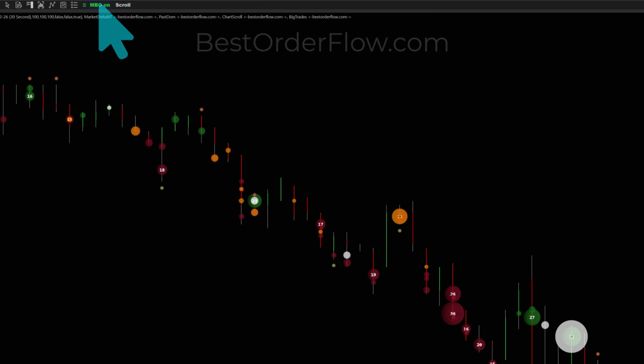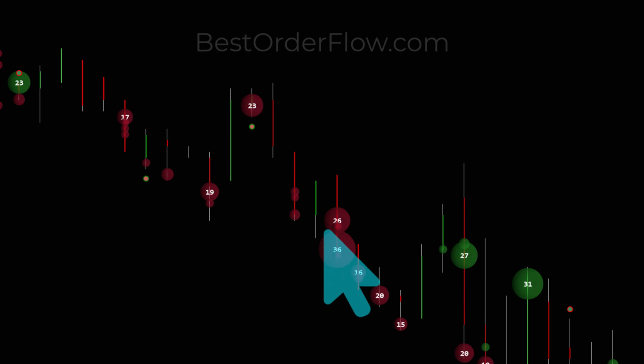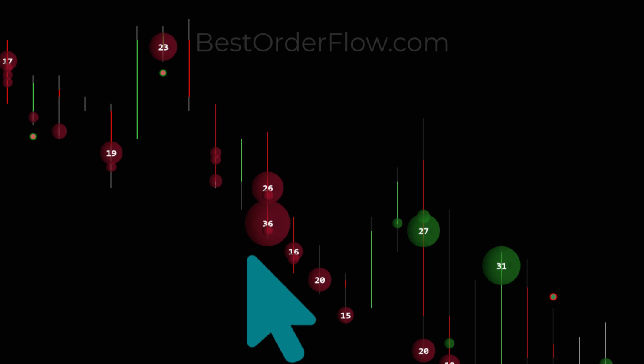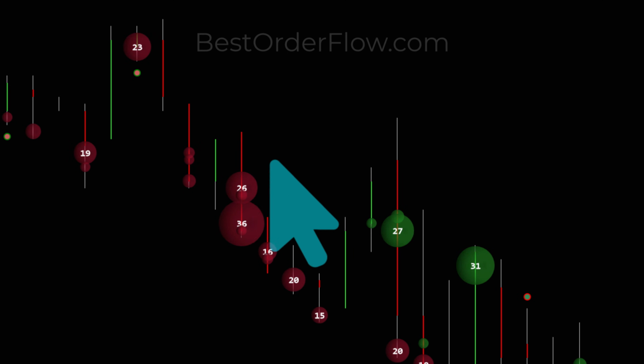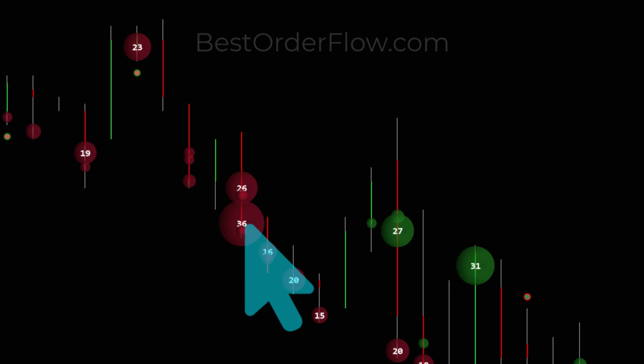While if I take this off, on the bubbles, it is the final result as delta between bid and ask. So these bubbles are smaller in size because it's not showing what large bid or ask was there, but it shows the one minus another, and there is a final result.